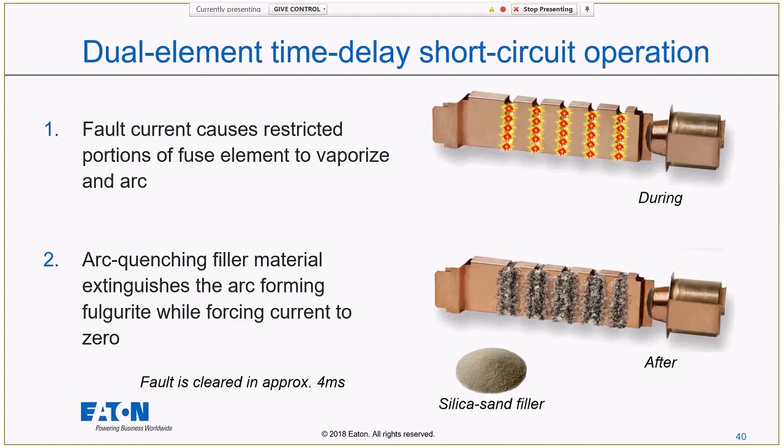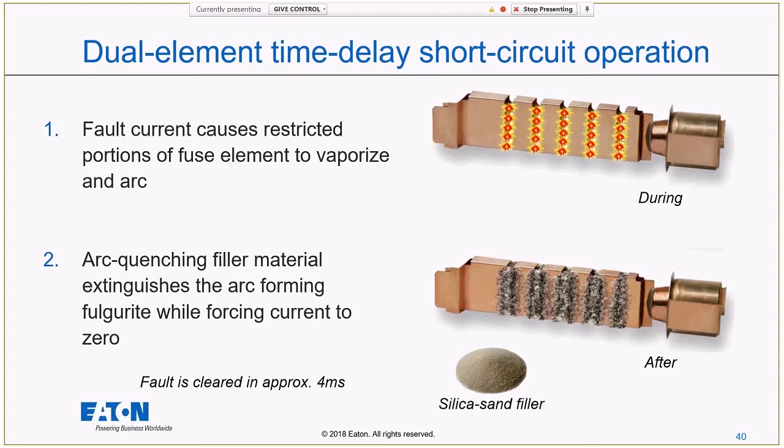The other thing you'll see is with that arc quenching filler, right, it's basically sand. And what happens to sand when sand gets really, really hot, like it would if it was right next to an arc, is it turns into glass, right? Well, in our fuses, we've got to be fancy. So we call it fulgurite, but fulgurite is essentially a glass bead that forms in the middle of where that arc was.